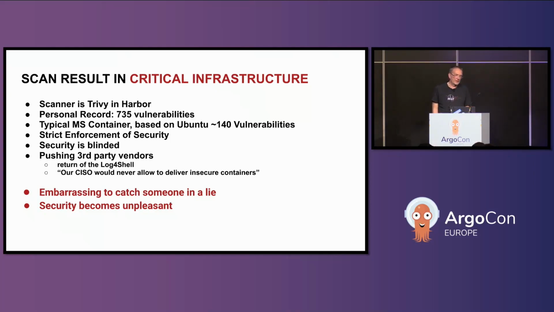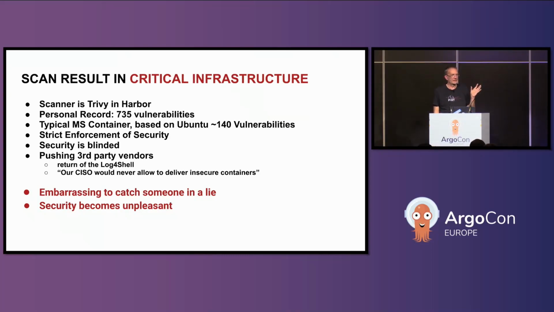And I'm a big fan of strict enforcement of security, so we have to deal with it, because if you allow this enormous number of vulnerabilities, and you have not a single container, we have hundreds of them, this means security is completely blinded by false positives.